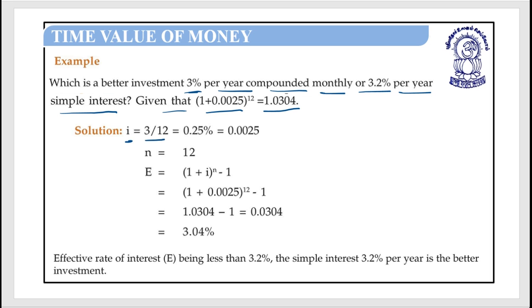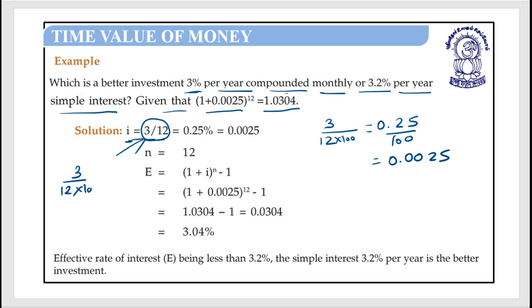Here I is equal to 3 by 12, which is 0.25%, or 0.25 by 100, which is 0.0025.